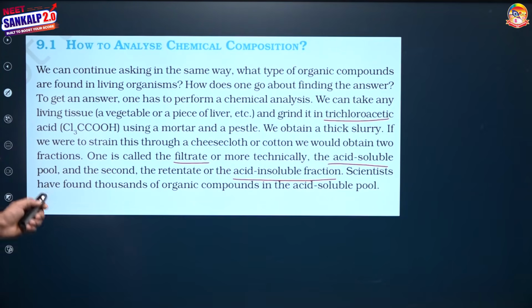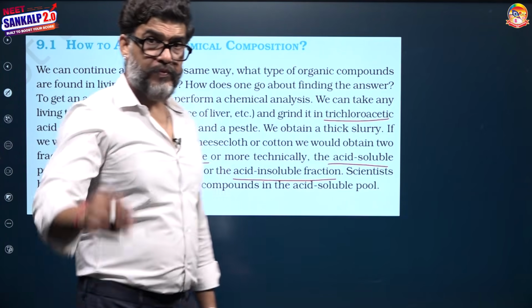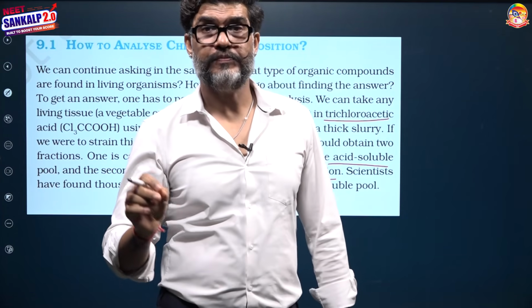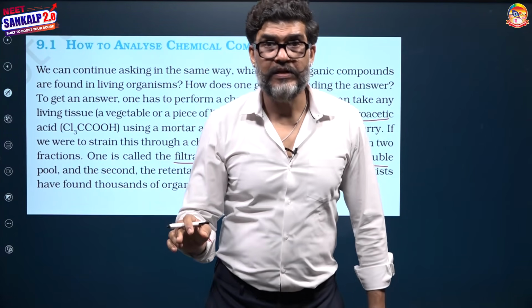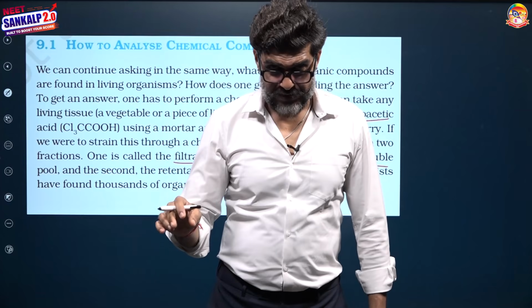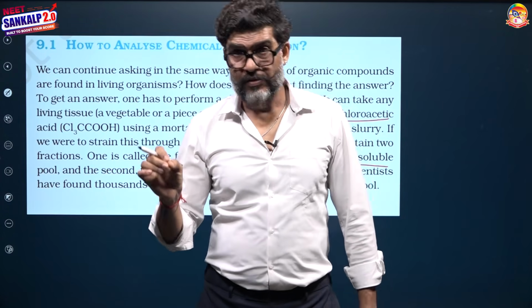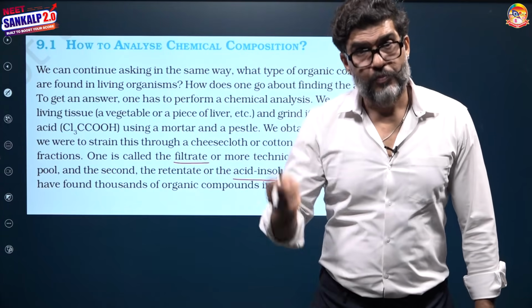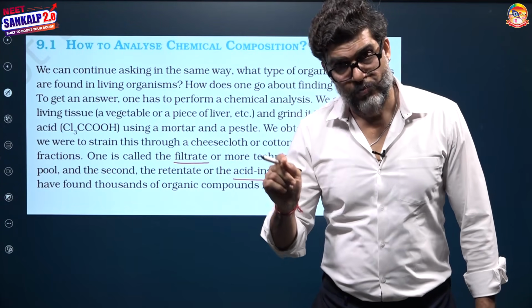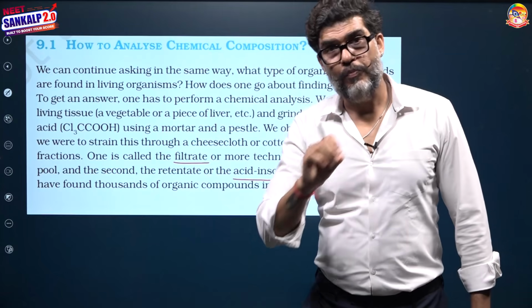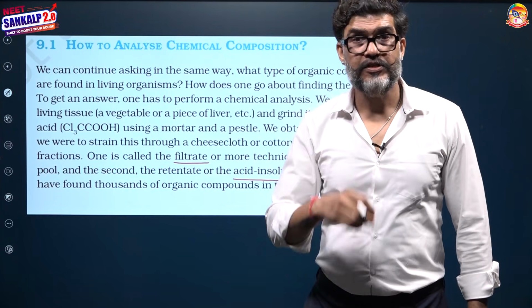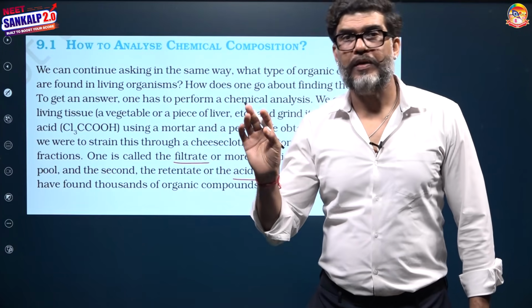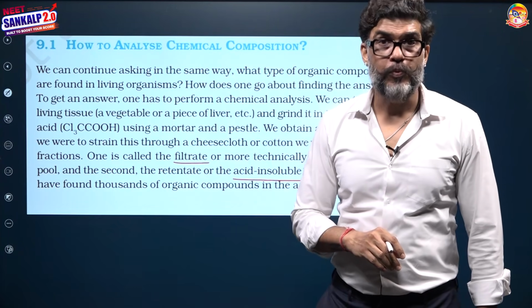When we compare them, you must remember that all kinds of polymers, meaning proteins, polysaccharides and nucleic acids, are present in the acid insoluble fraction, and lipids are also present in the acid insoluble fraction, while monosaccharides, disaccharides, amino acids and nucleotides are all present in the acid soluble pool.